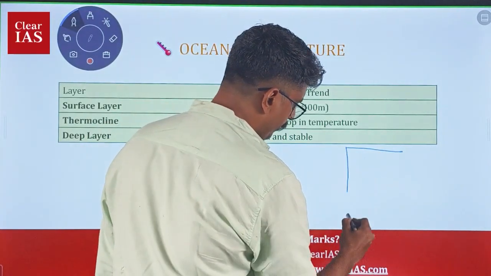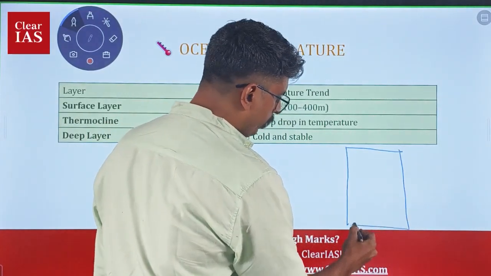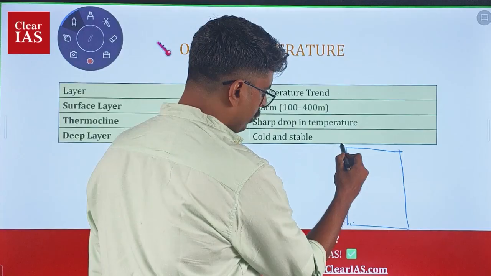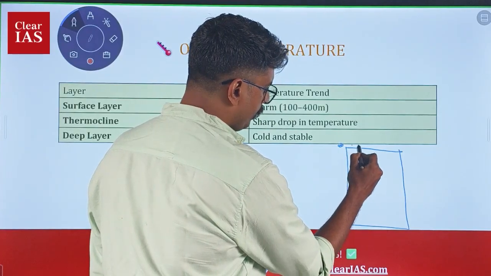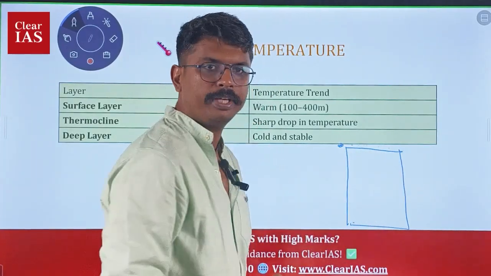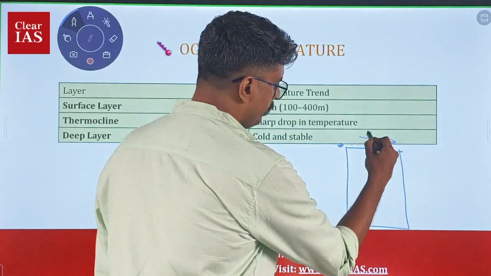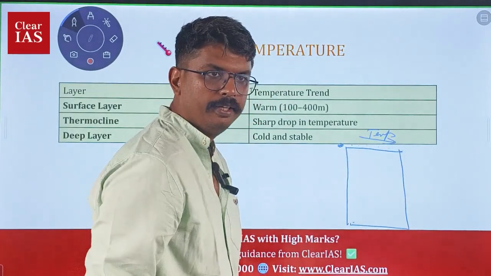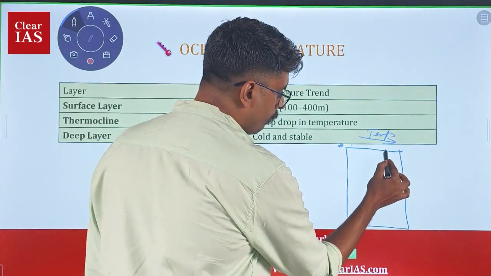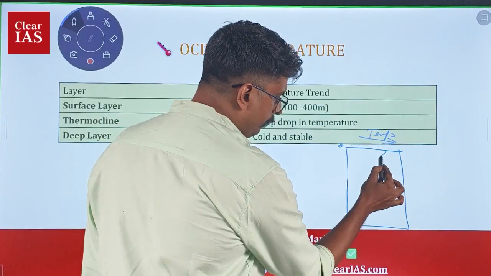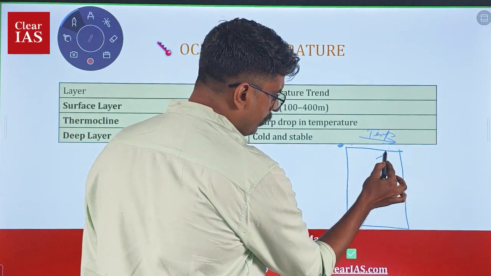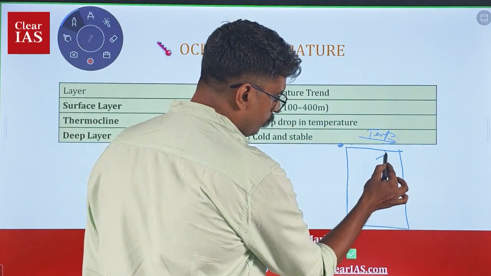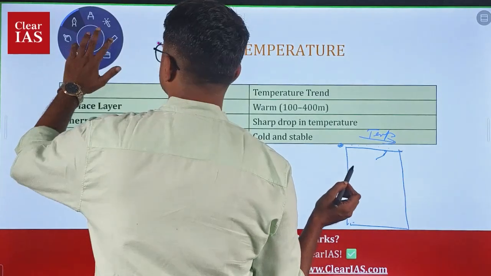This is the ocean surface and this is the ocean bottom. Imagine this is 20 degrees, 25, 30, 35, temperature increasing like this. The highest temperature would be at the surface, and from there the temperature would slowly decrease.